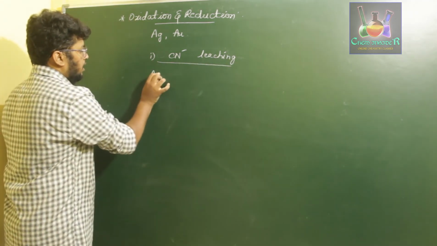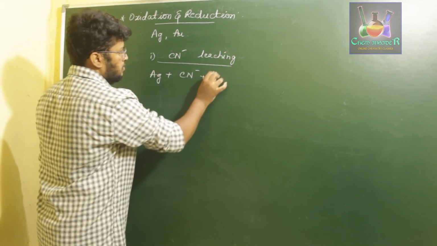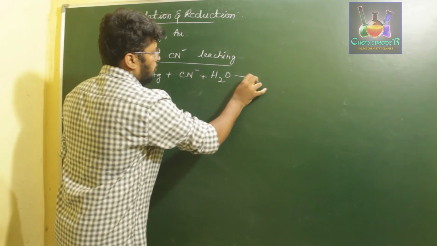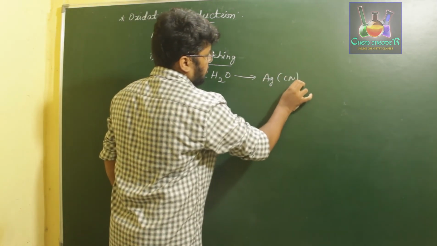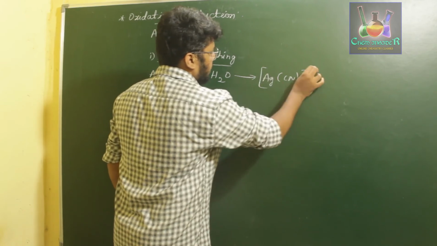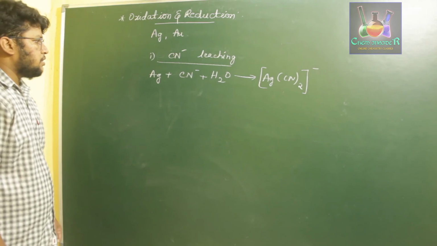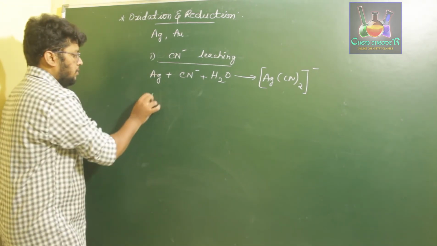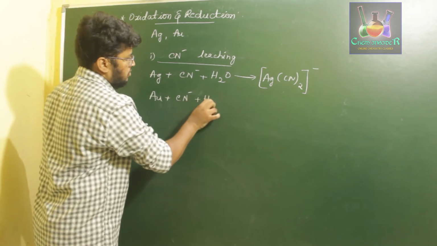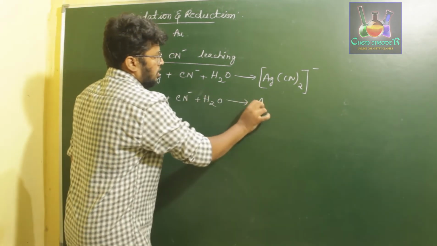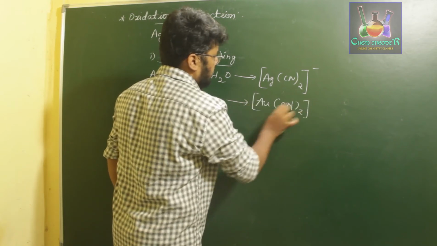So when we treat Ag with CN- ions in presence of H2O, we get Ag(CN)2 with a minus charge. Similarly, Au on treating with CN- in the presence of water, we get Au(CN)2 with a minus charge.